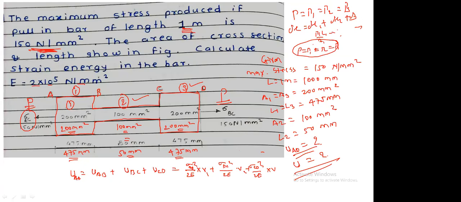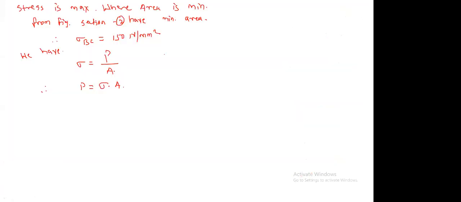And the same concept we have to consider for this numerical also, that is total stress value is equal to force upon area. Means capital P is equal to sigma into A, means I can say that sigma of AB into area of AB is equal to sigma of BC into area of BC is equal to sigma of CD into area of CD.